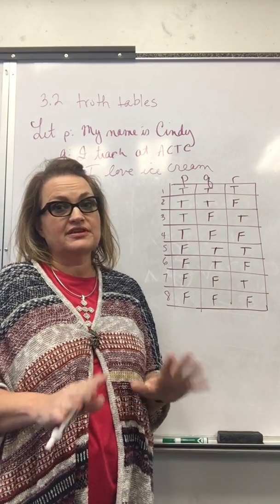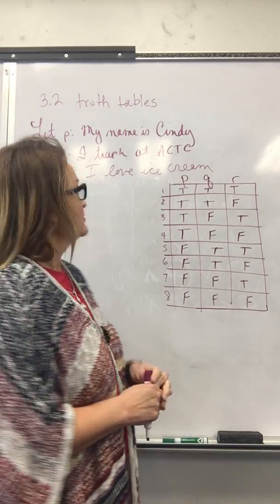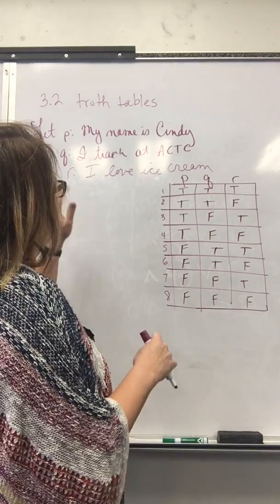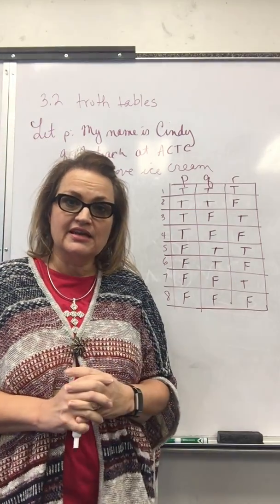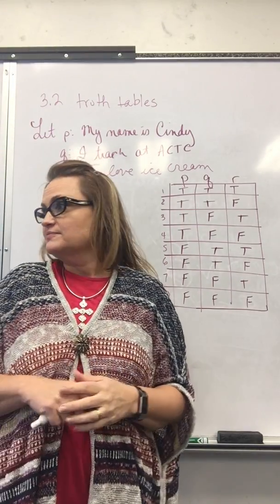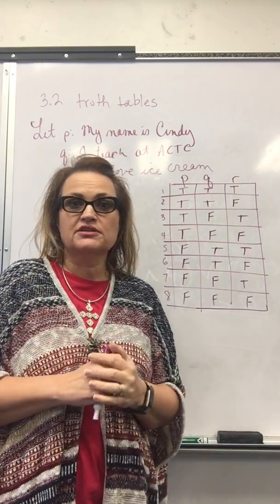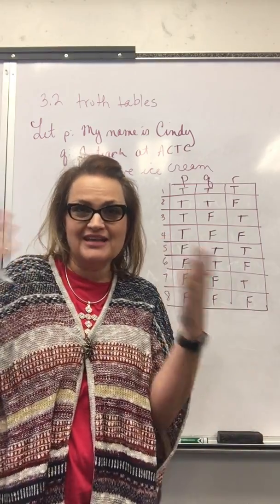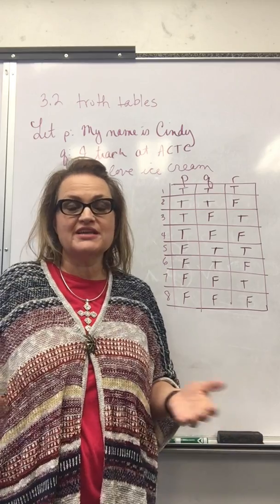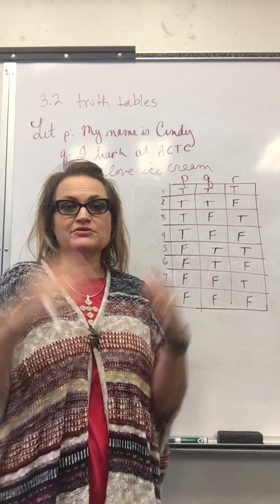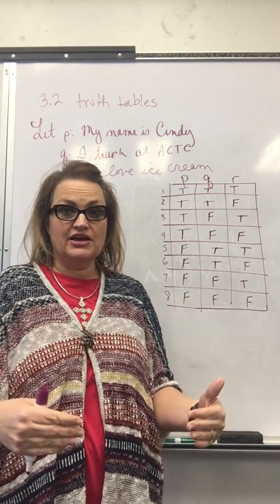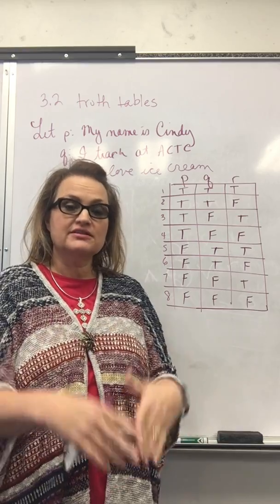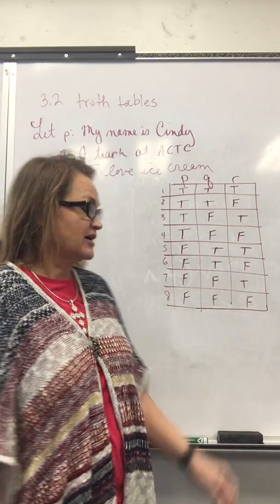Now, that's as far as we go, but just know if there was a 4th statement, say S, like I wear glasses, then it doubles this table. Every time I add in another statement, the table gets twice as big, so that would be really messy.